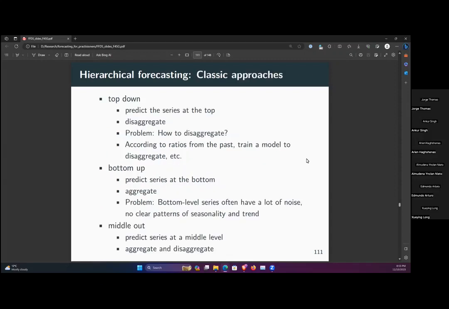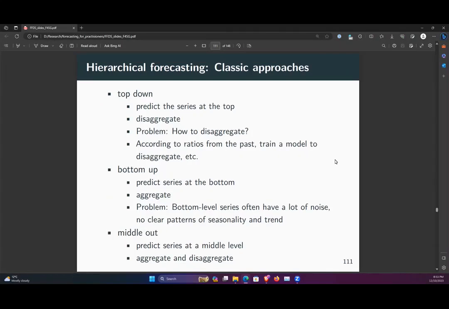There are a couple of approaches to do this reconciliation to make sure that your lower level and upper level forecasts are all consistent with each other. One way is a top-down approach, where you predict the top level series and then disaggregate it to the bottom levels. You build models only for the top level series, and for the bottom levels you just disaggregate.